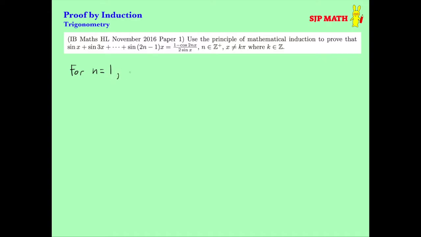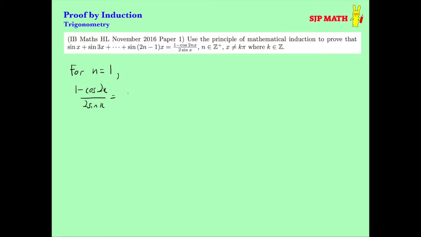So for n equals 1, because 1 is the smallest positive integer, we want to see if this holds true for n equals 1. Let's do the right hand side first because it's spicier. If n equals 1, then the right hand side is (1 minus cosine 2x) over 2 sine x.